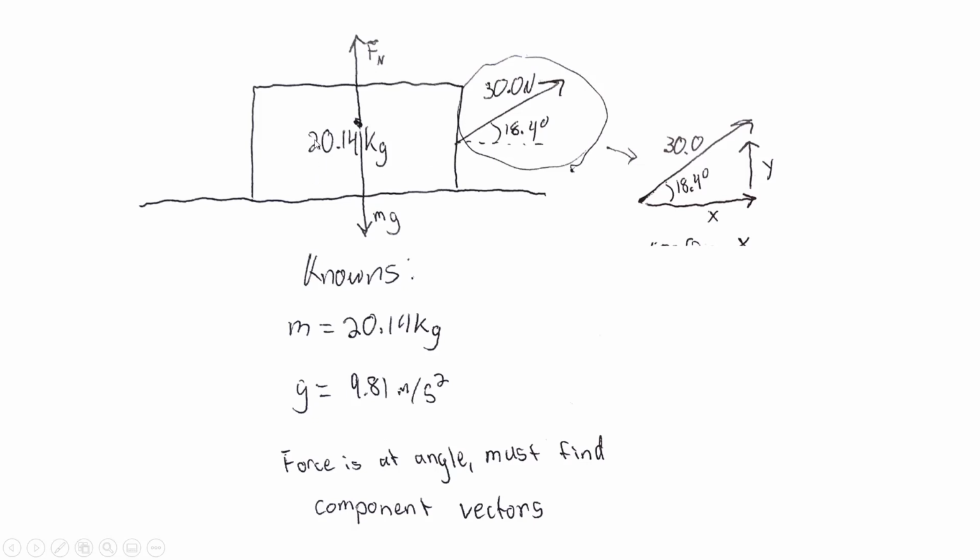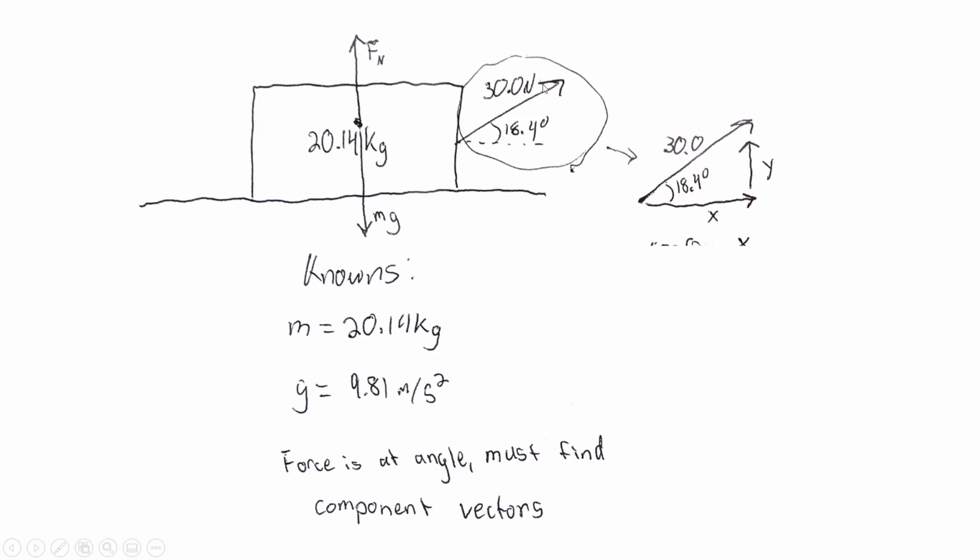Also, what you should draw is any vectors that are acting on the object. Every object that's sitting on a table or an unmoving mass is going to have a normal force and a force due to gravity, which is mass times the gravitational acceleration constant.